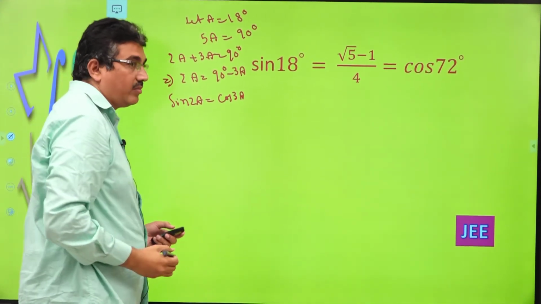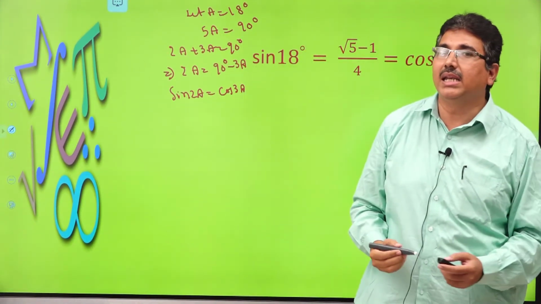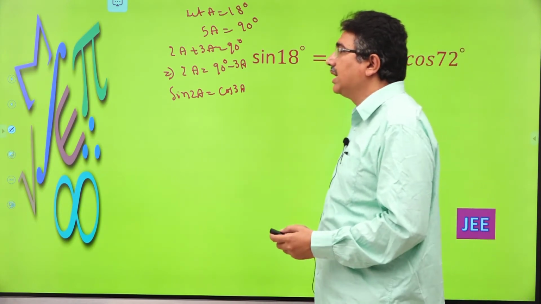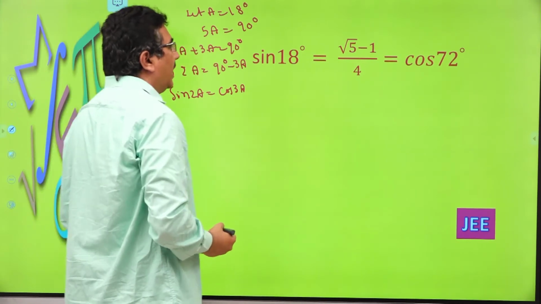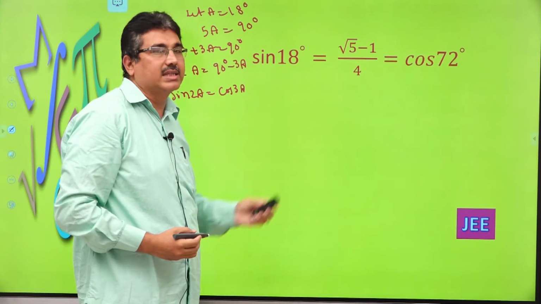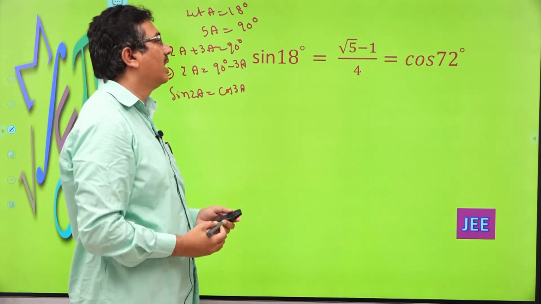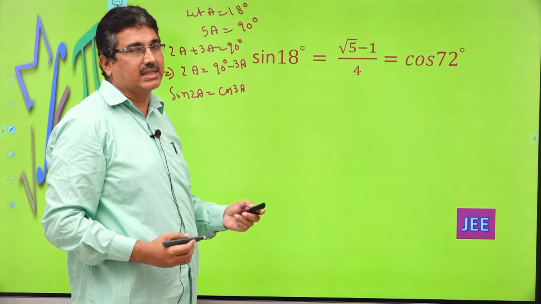Right? From this, we get a quadratic equation in sin a. From this, we get sin 18 degrees equal to (root 5 minus 1) by 4, that is equal to cos 72 degrees.